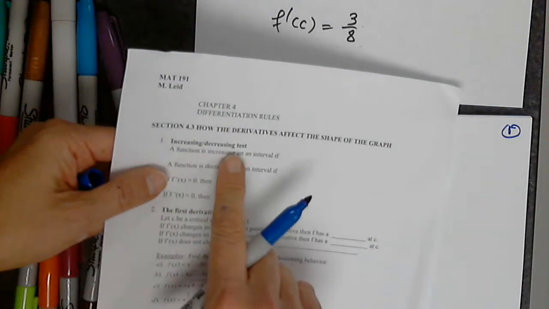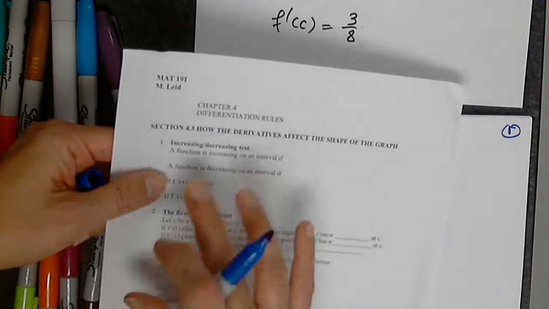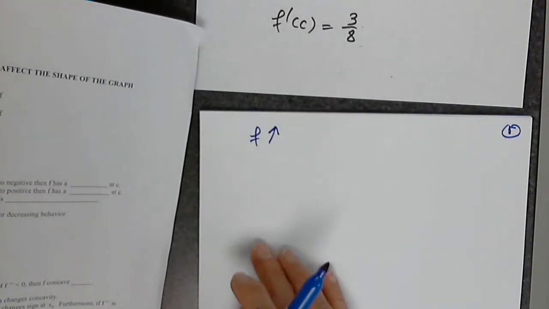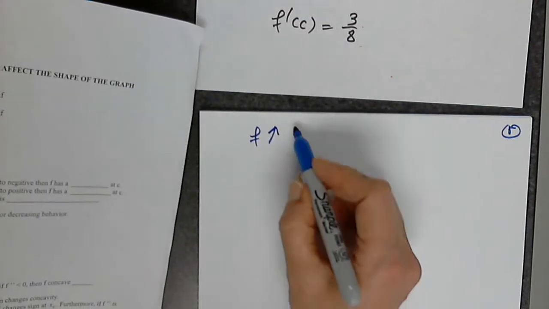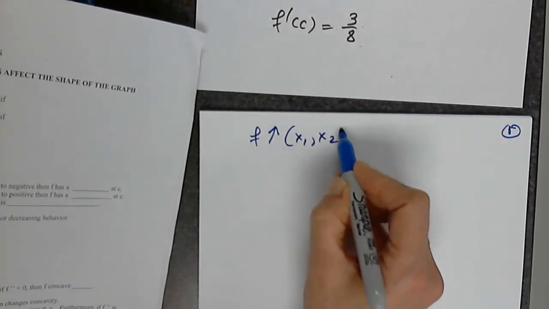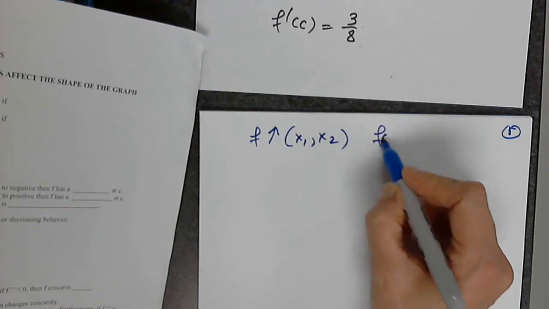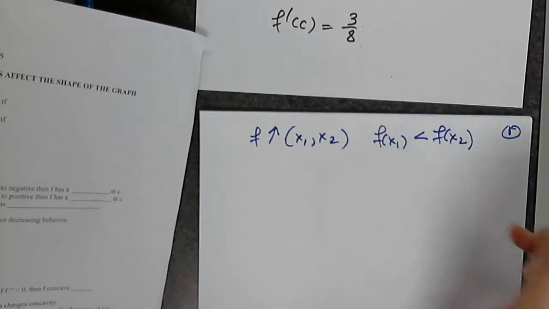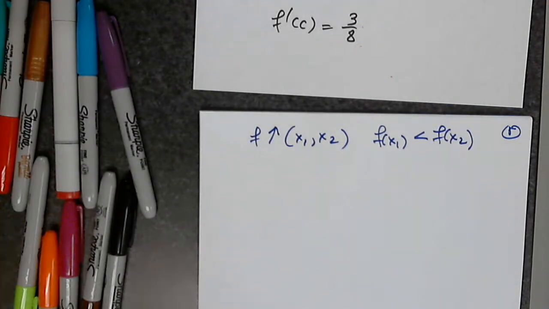Let's talk about increasing, decreasing. We already talked about this, but I would like to fill it in. So we say that a function is increasing on the interval x1 comma x2 if f of x1 is less than f of x2. It could be considered f of x1 less than or equal to f of x2.